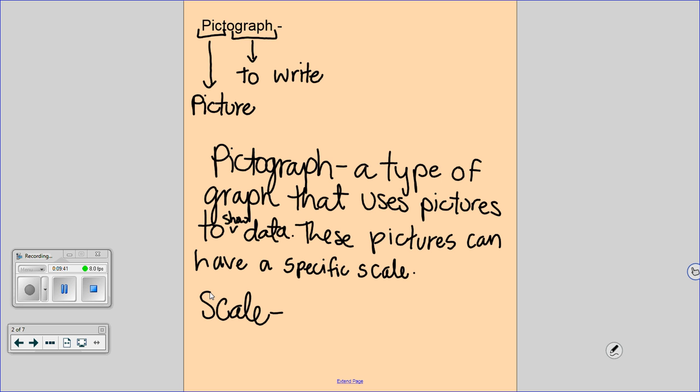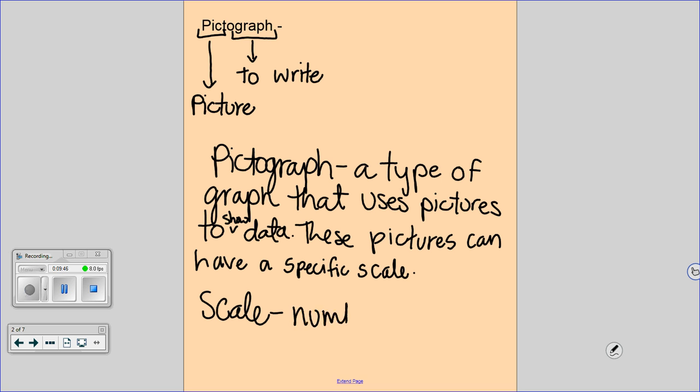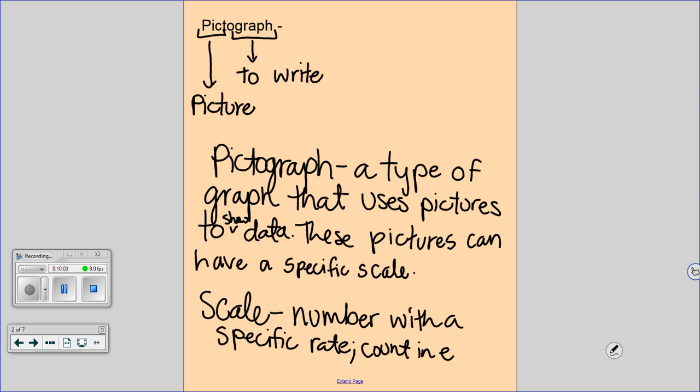So scale: numbers, plural, with a specific rate, meaning that they count in equal intervals.